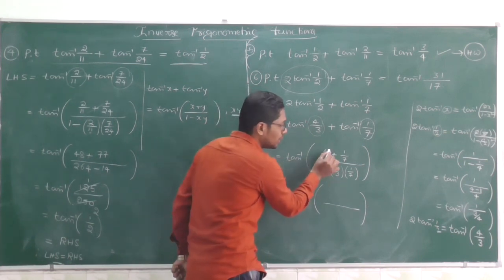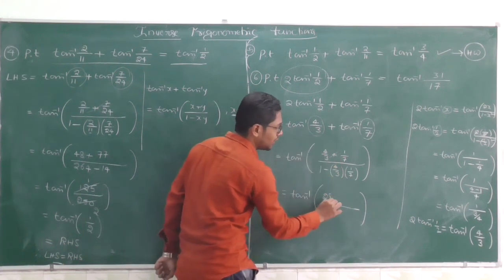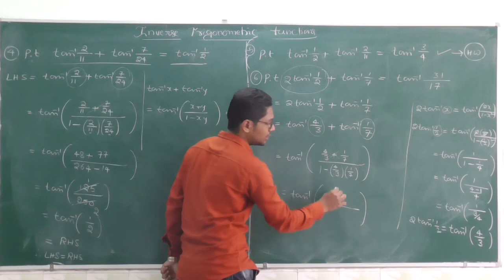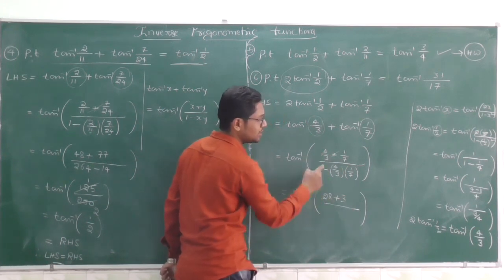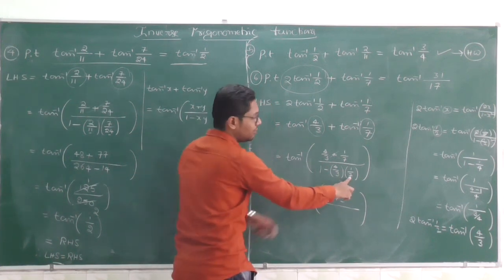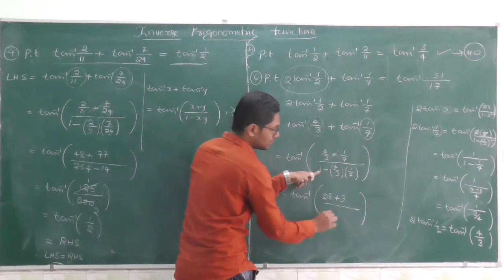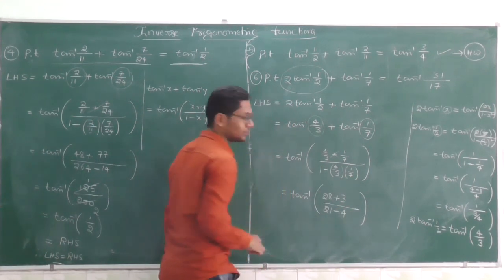Now take the cross multiplication. 4 into 7 is 28 plus 3 into 1 is 3. Next, 3 into 7 is 21, 21 minus 4 into 1 is 4.